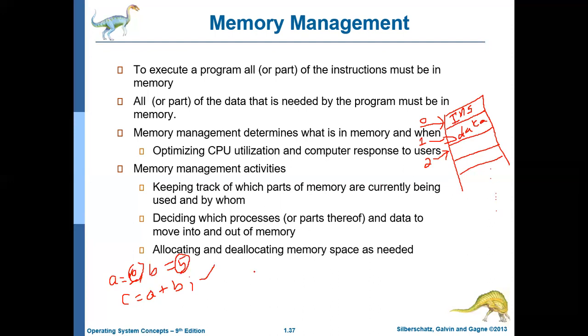One is called instruction fetch, during which the CPU will fetch only the instruction, in this case the statement c is equal to a plus b. Another phase is called data fetch. During data fetch, it will fetch this data, then assign a as 10 and b as 5, calculate a plus b, and store that value in c.